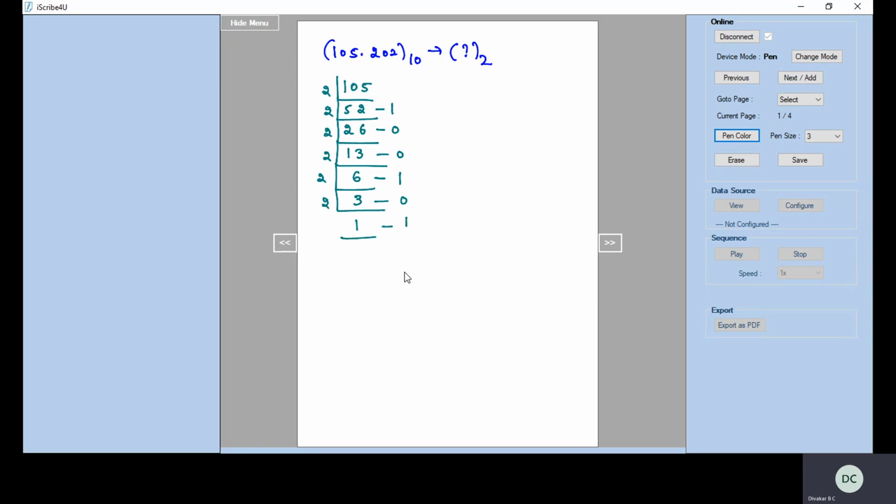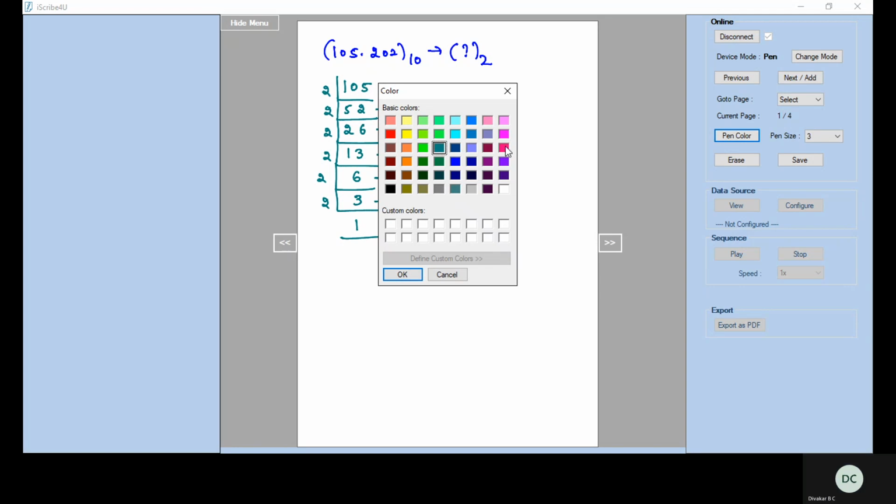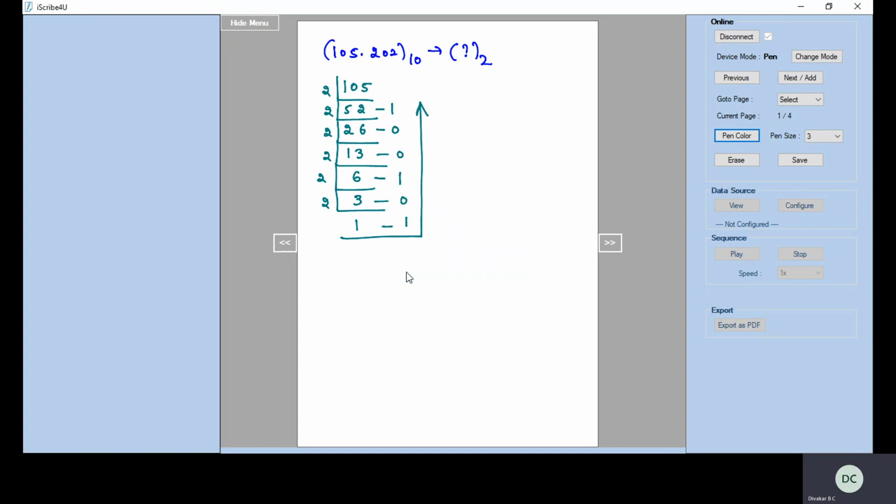So in order to write the equivalent, you need to trace in the reverse order, or from bottom to top. Then we can write the equivalent for 105 to the base 10 as 1101001 to the base 2.